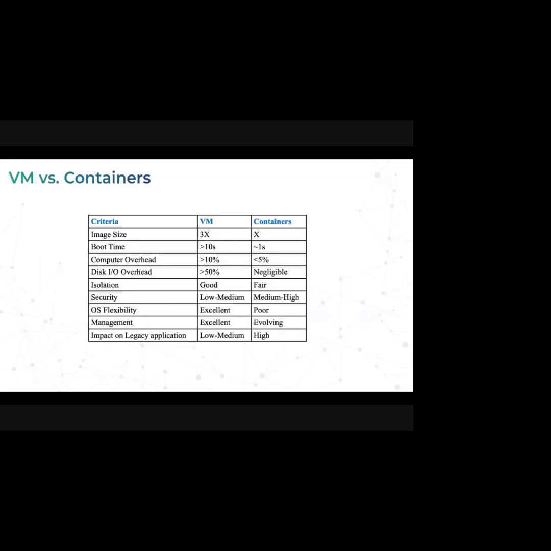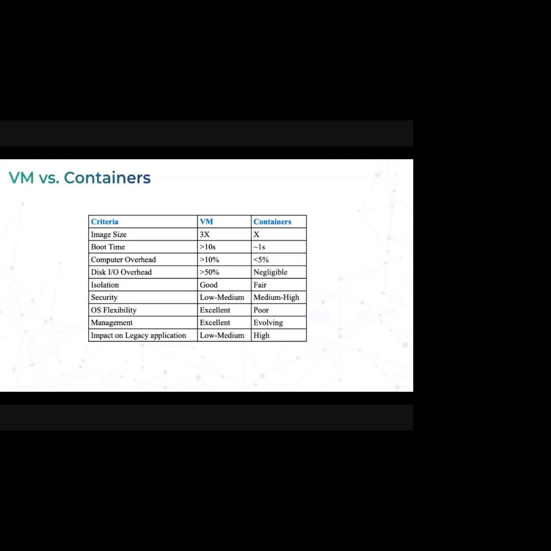Let's quickly run through the differences between VMs and containers. First point, image size. When I say image size, it is the entire deployment package we have. If the container package is 1 GB, in a VM it is going to be 3 GB. Why?